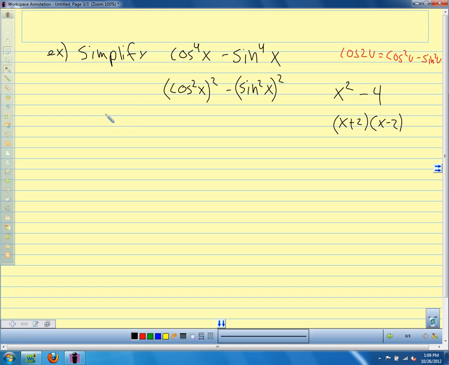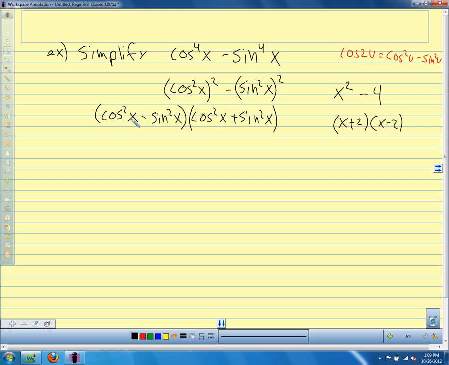So this would be cosine squared x minus sine squared x, times cosine squared x plus sine squared x. Exactly the same idea here.